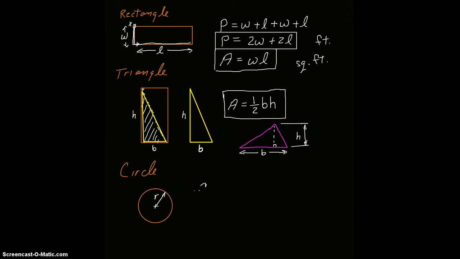It's called circumference. Excuse me, but it is the perimeter of a circle. So the circumference, and I'm not going to derive this for you, but we'll just remember it, is 2 pi r. This is where that number pi comes in. And the area of a circle is equal to pi r squared.